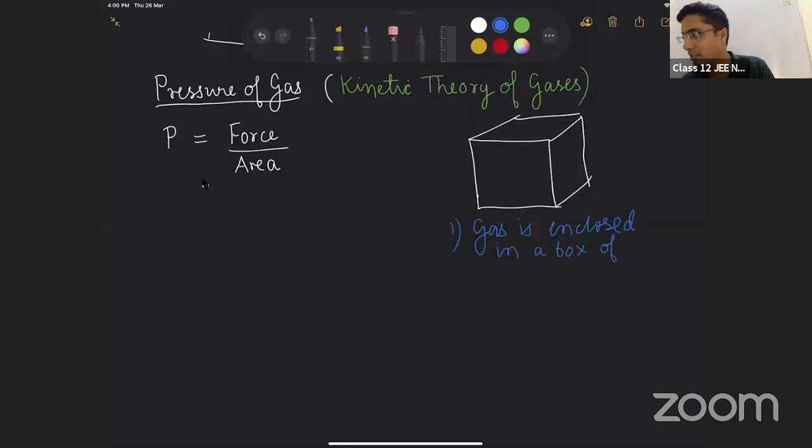And we will assume that this is a box of cubical shape and length L. So this is also L, this is also L, and this breadth is also L. This is my first assumption. Write down the first assumption.